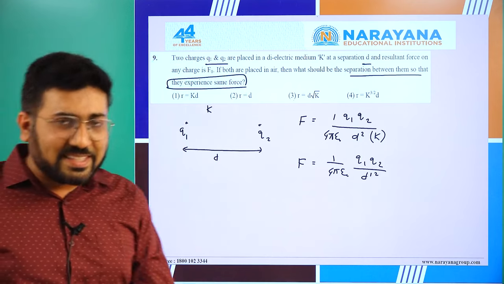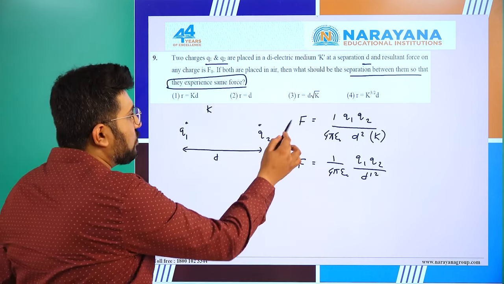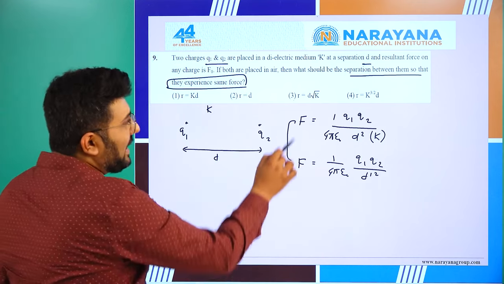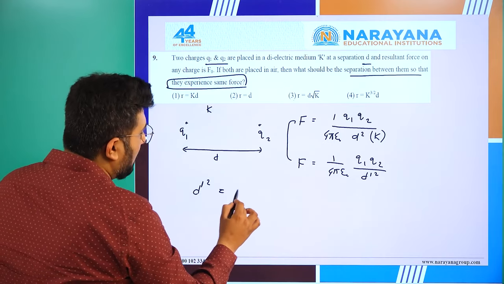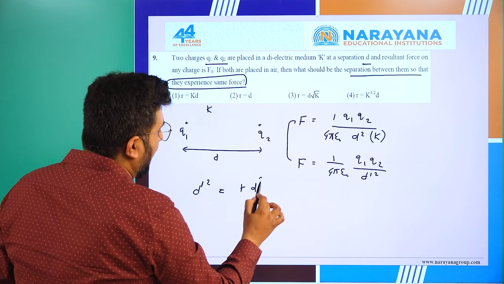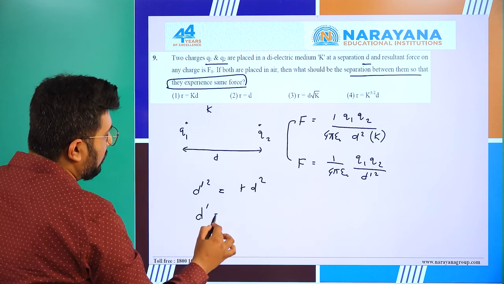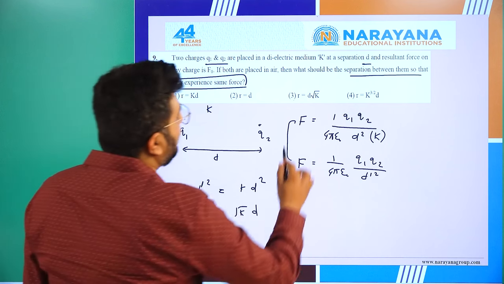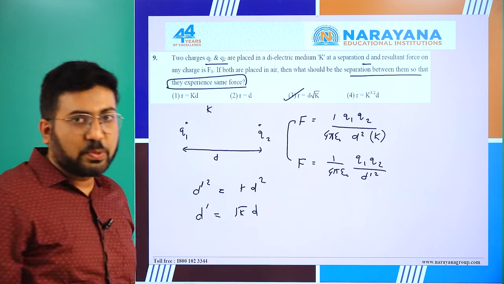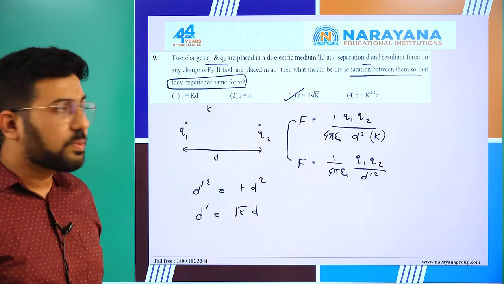So if I equate these two, I can clearly see d dash square will be equal to k d square. That means d dash should be equal to root k into d. So your answer will be 3, root k into d. Let's go to the next question.